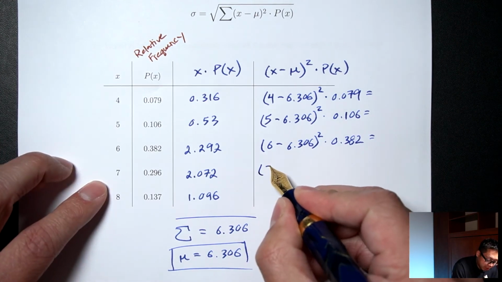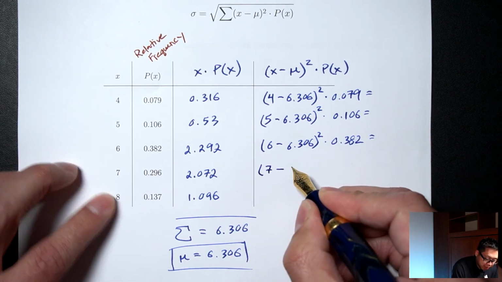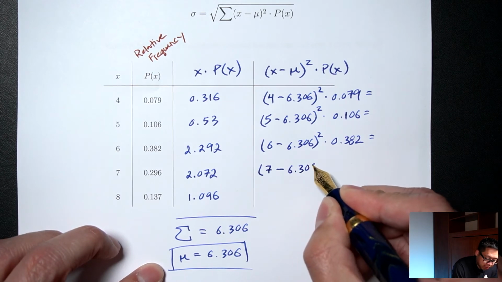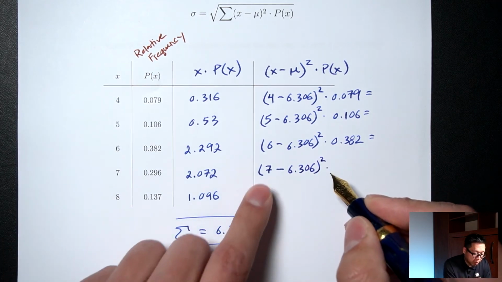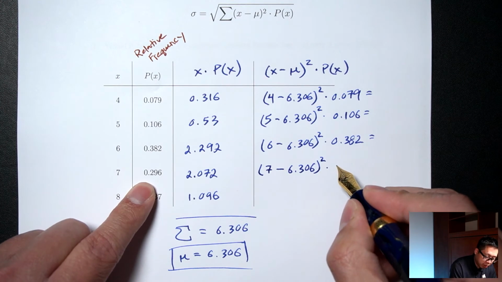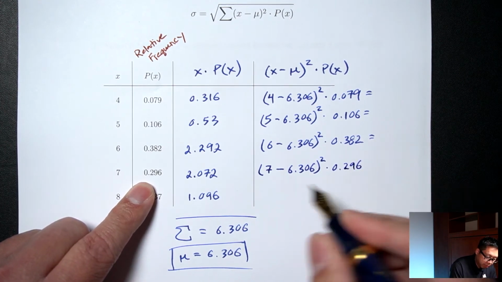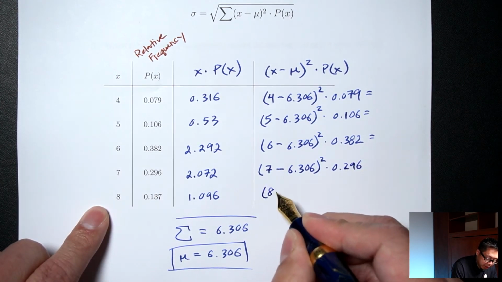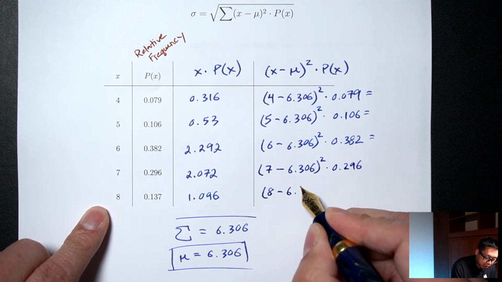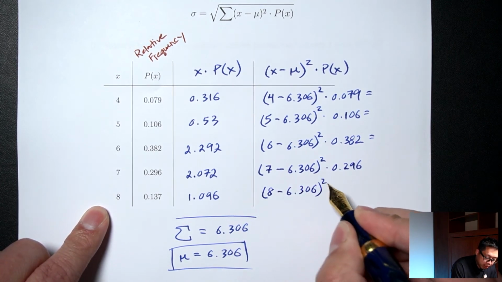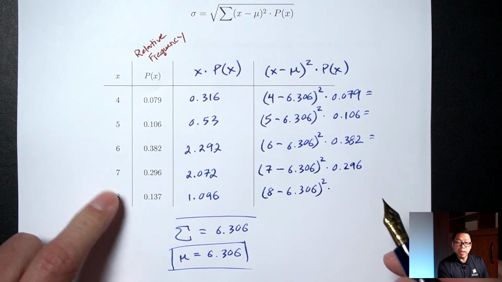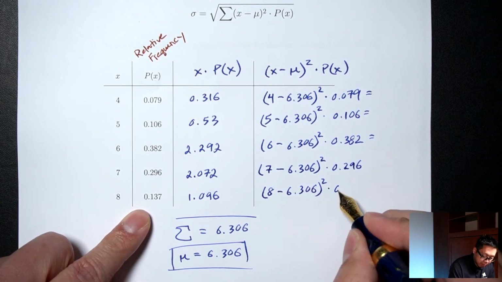Next will be 7 minus the mean, 6.306, square it times the probability of the 7, 0.296. And then finally, 8 minus the mean, 6.306, square it times the probability of the 8, which is 0.137.